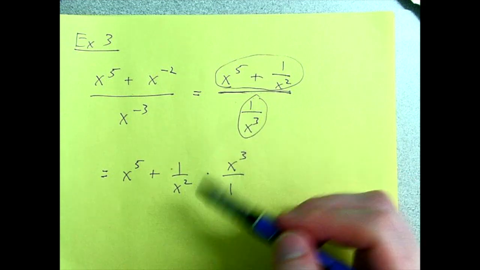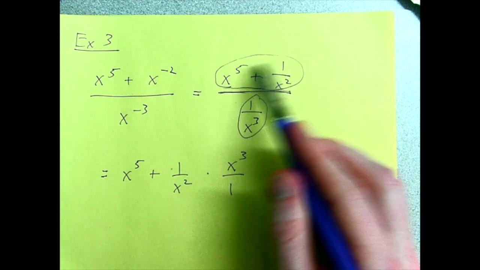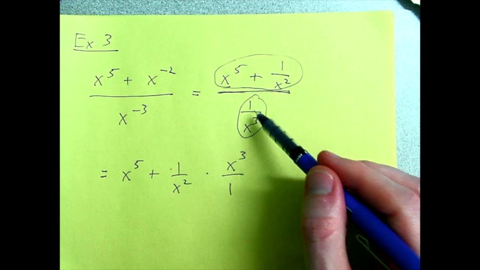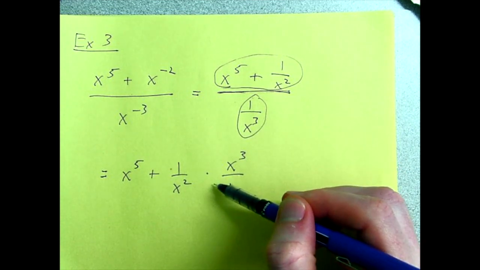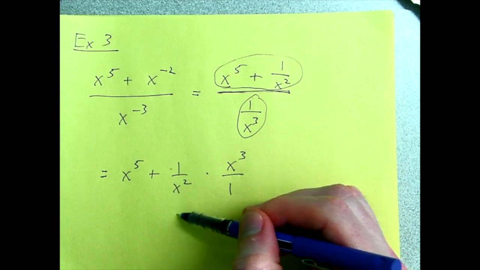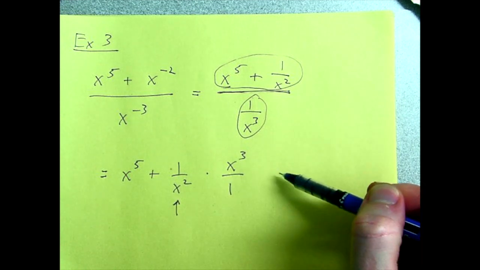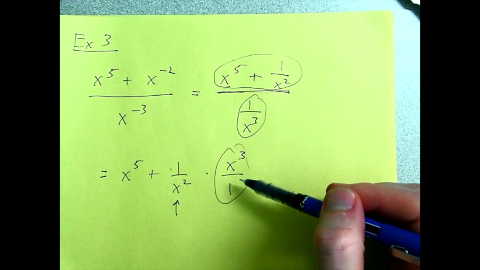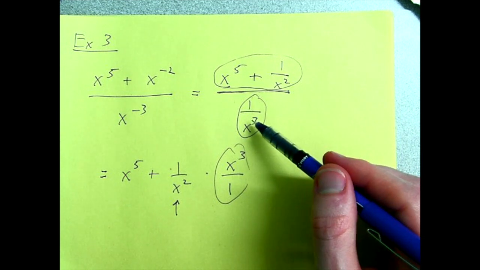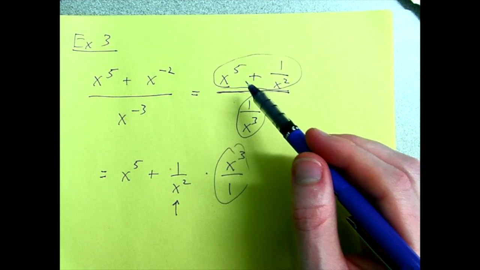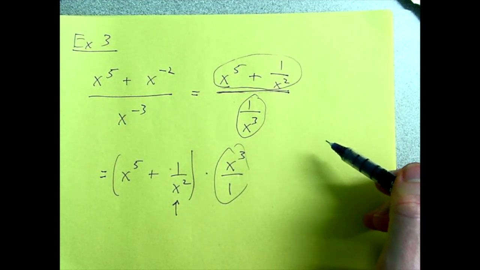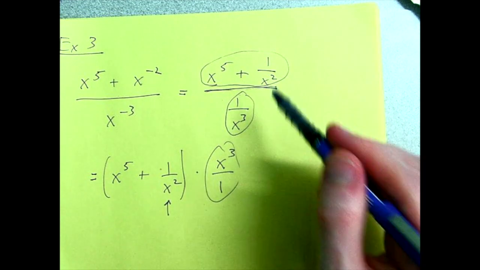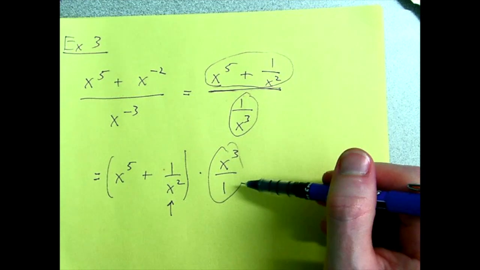But I'm only multiplying this second term by the reciprocal of this fraction, when actually I want to multiply the entire numerator. So one way I can do that is put this thing in parentheses. Now the entire numerator is being multiplied by the reciprocal of that fraction.